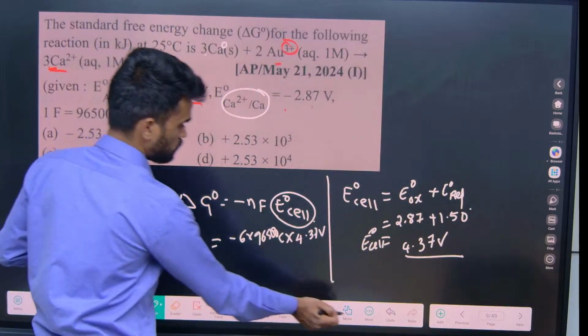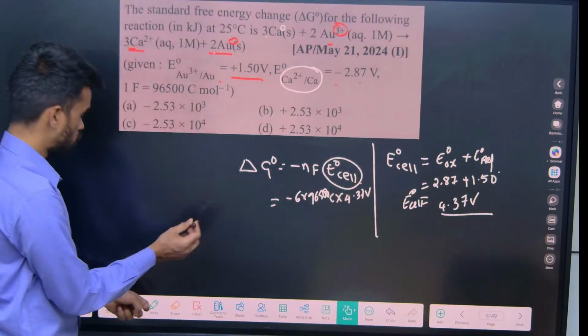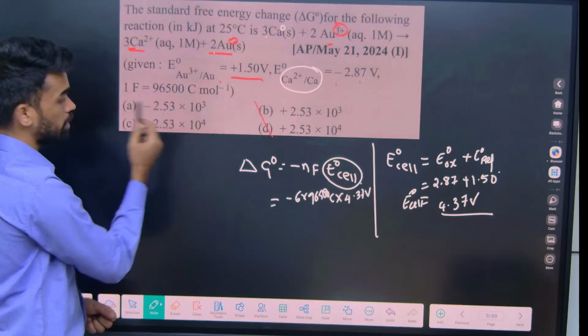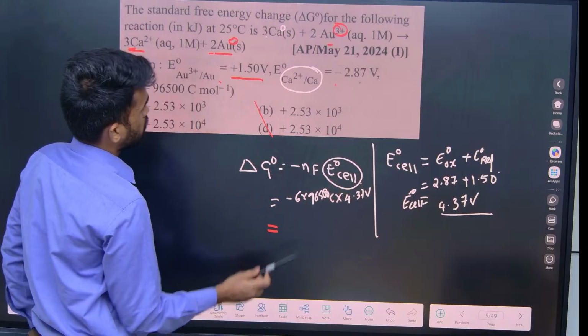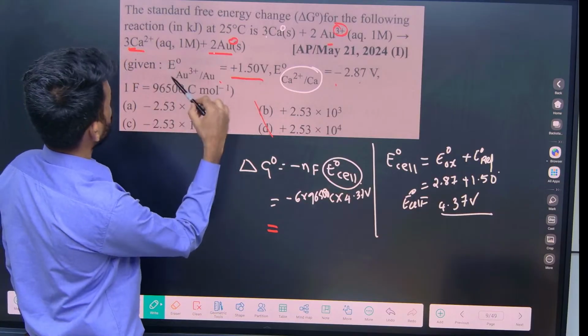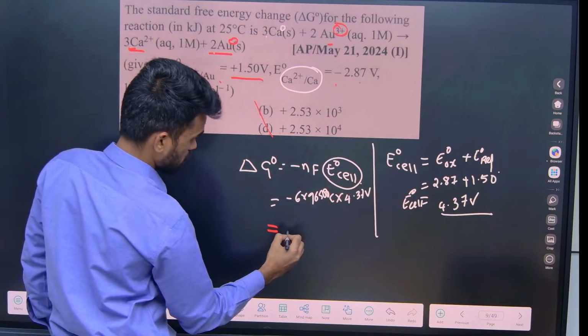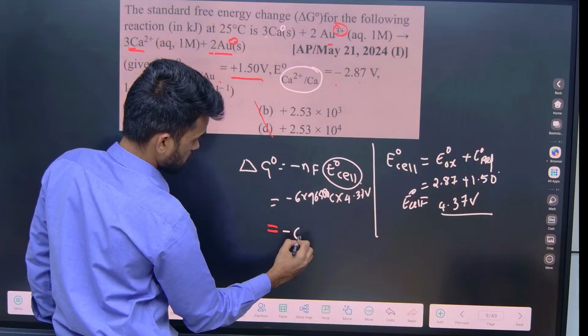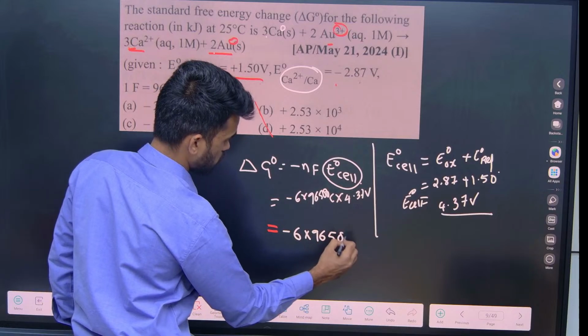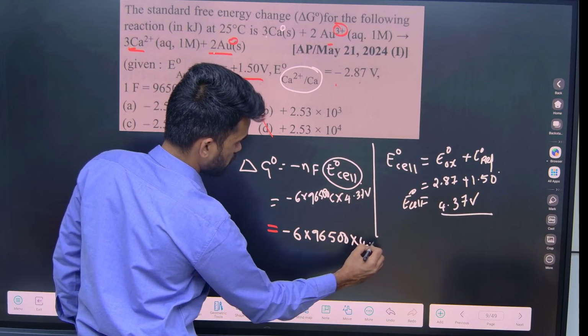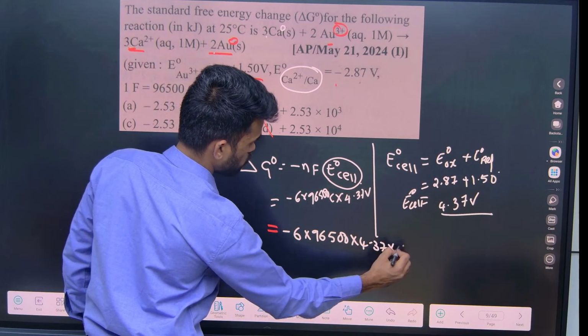Now if you look at the options, definitely we got a negative value, so you can remove B and D; only A and C will be your answers. So what I am writing here: minus 6 into 96500 into 4.37, coulomb into volt.